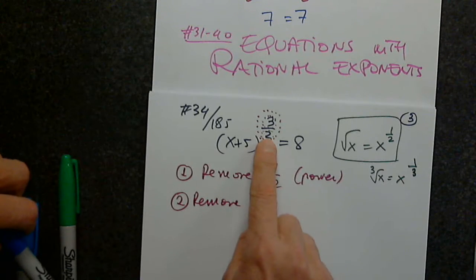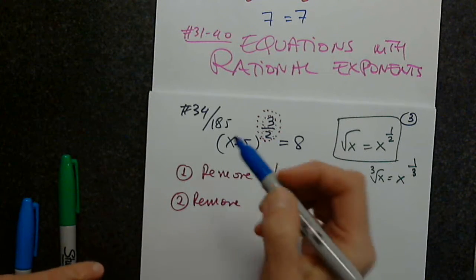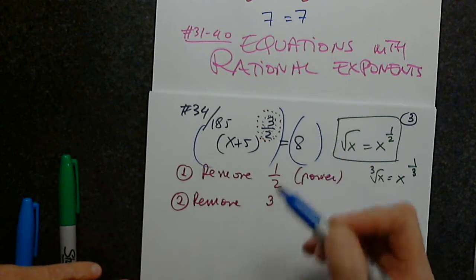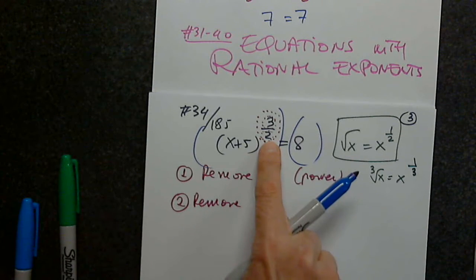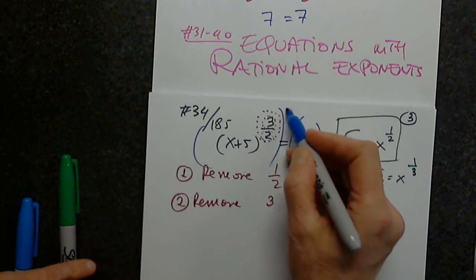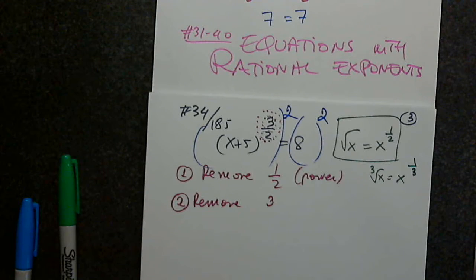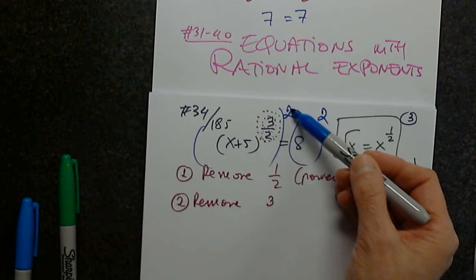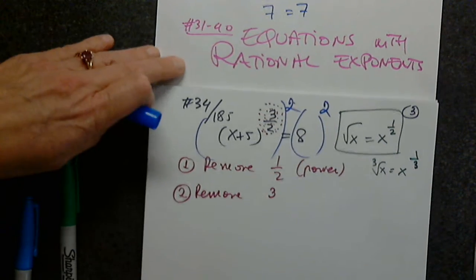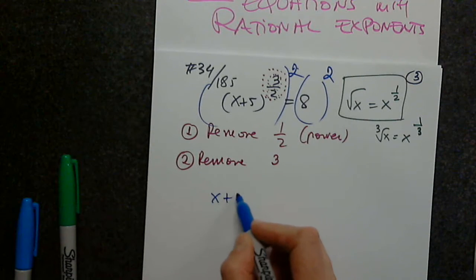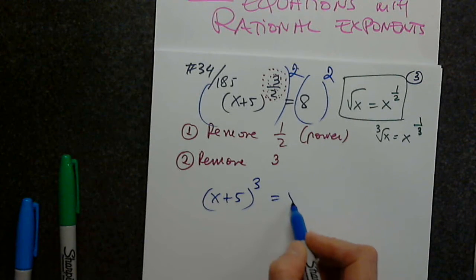We will have to raise both sides to which power, to remove this denominator? 2, indeed. Because 3/2 times 3/2 times 2/1, remember, will be 3. So then this is x plus 5 to the third power equals 8.